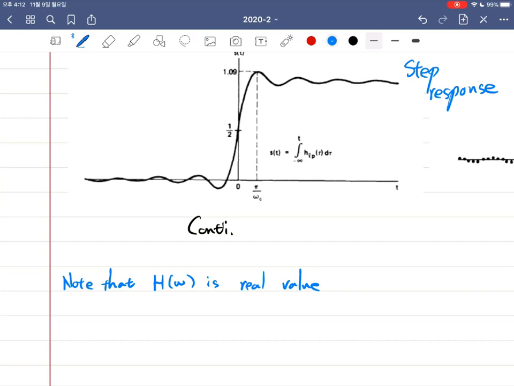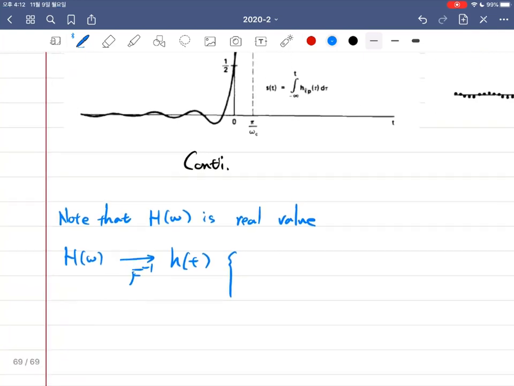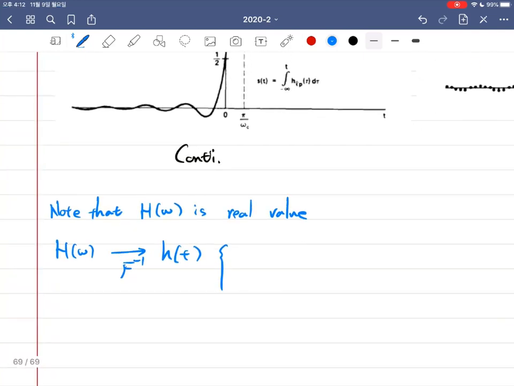As H of omega is real value, if you do the inverse Fourier transform, then you will get the impulse response in time domain. And if you see the plot, then you can see that it's an even function and it's non-causal.